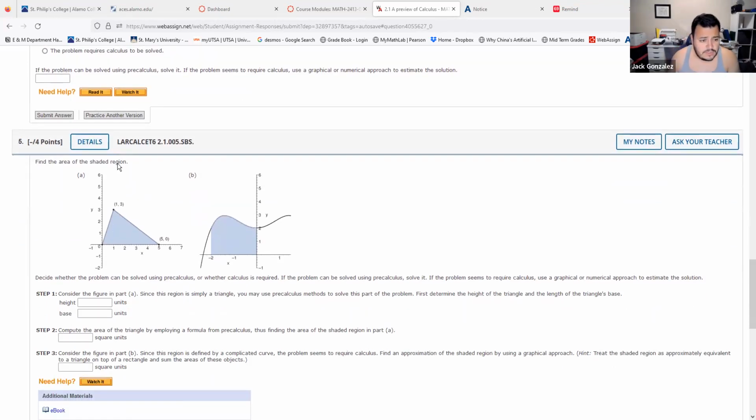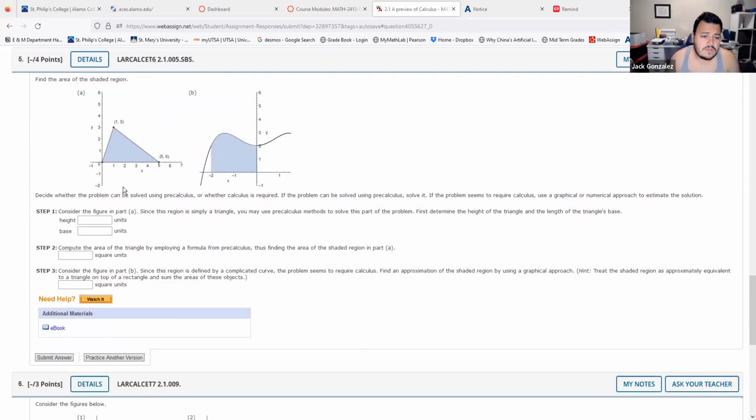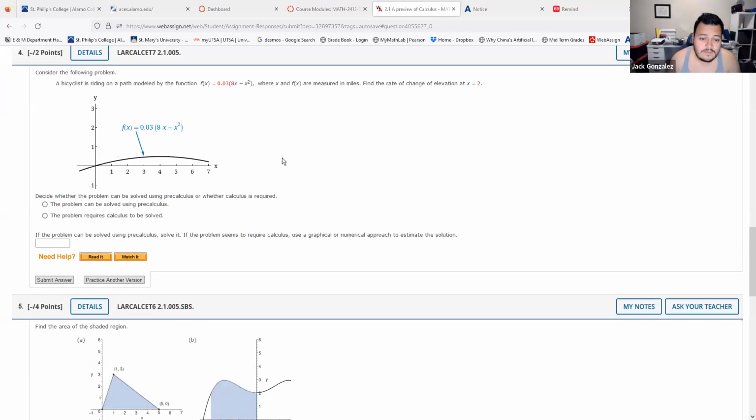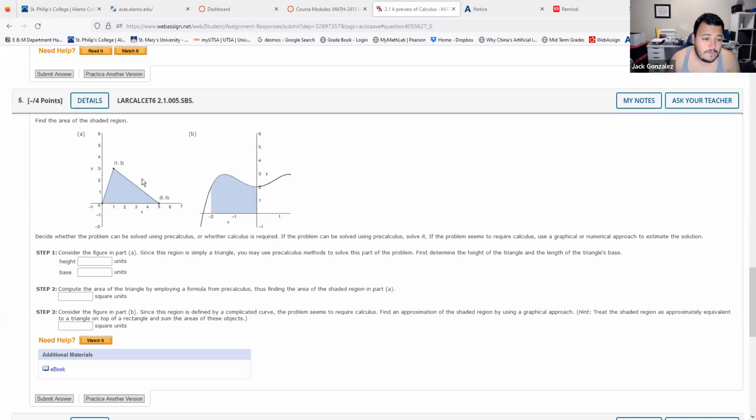At the end of calculus, chapter 5, the beginning of Cal 2, we started thinking about area. Do you see which one requires calculus and why it does? Comparing A and B, for sure, B needs calculus.